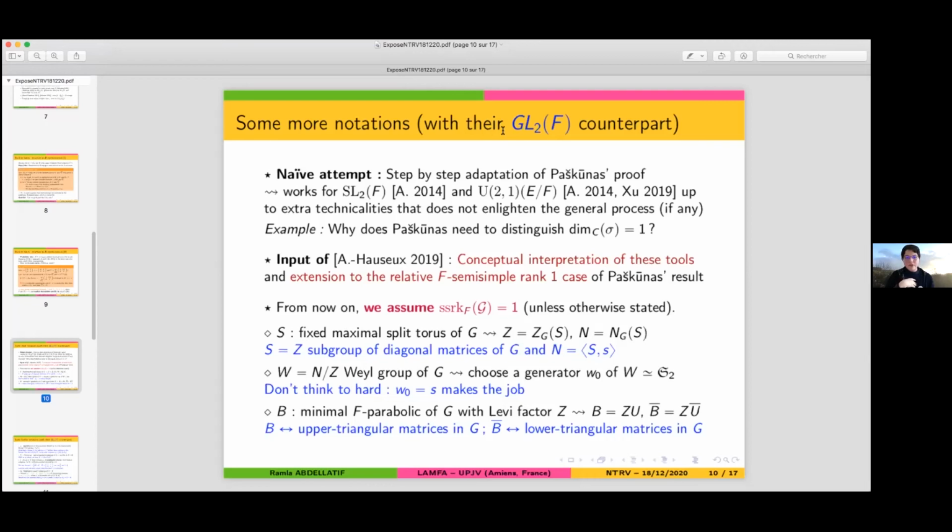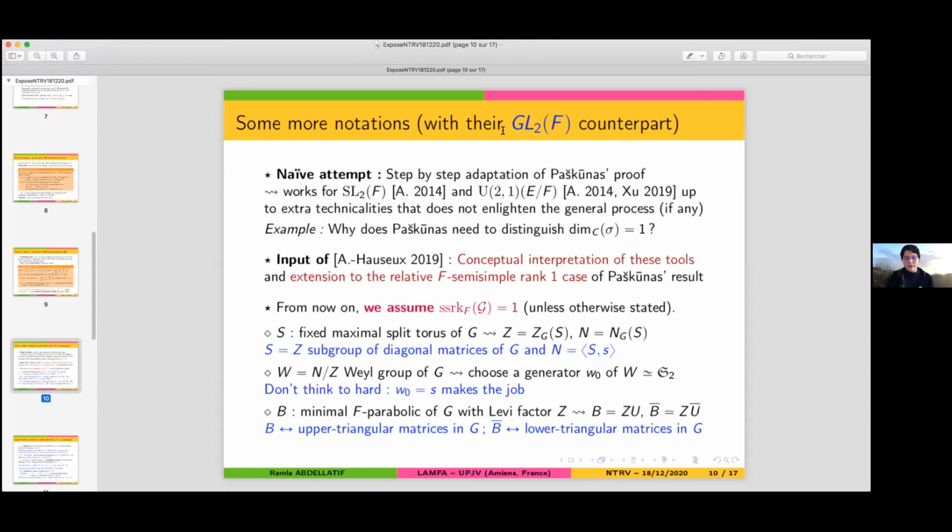And so really the input of our work with Julien is that we give a conceptual interpretation of the calculation and the cases that show up in Paskunas' work. And it's pretty cool because it gives some ideas about what you can hope to do in higher rank too, okay?